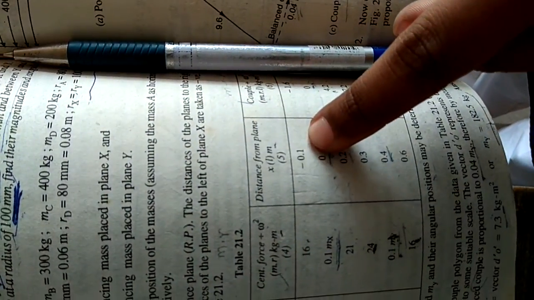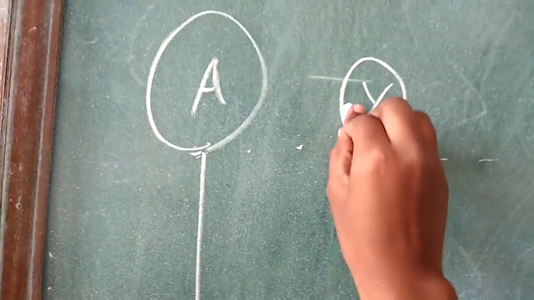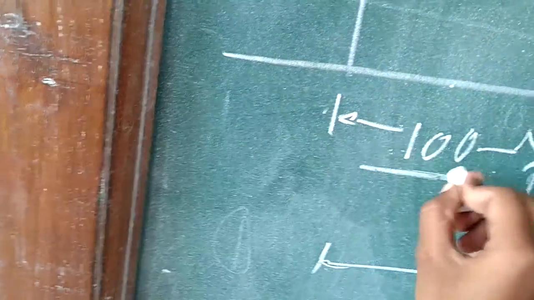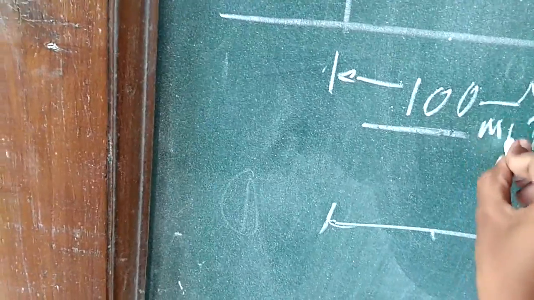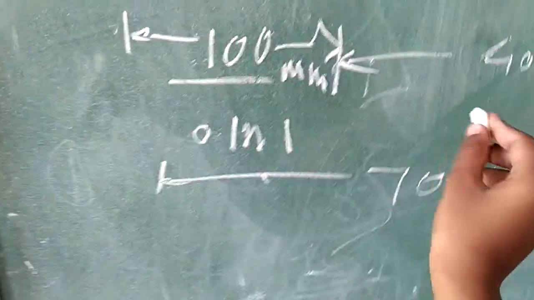Now what about this? If we start from this point, let's say this is the starting point. From here it is 100 mm, which in meters is 0.1.